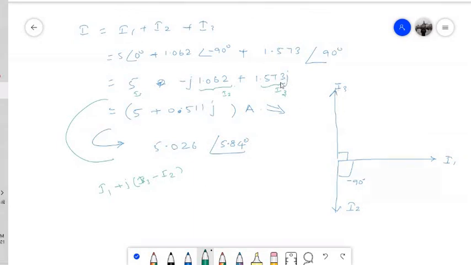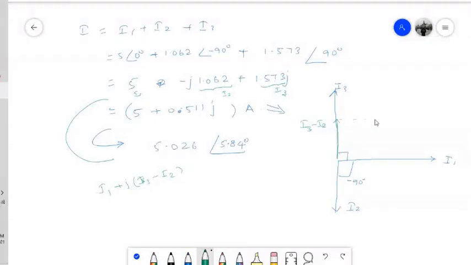And if you see the magnitude also, I3 has a higher magnitude than 1.062. That's why I have drawn this to be long and this to be slightly short, so that this will be your I3 minus I2.